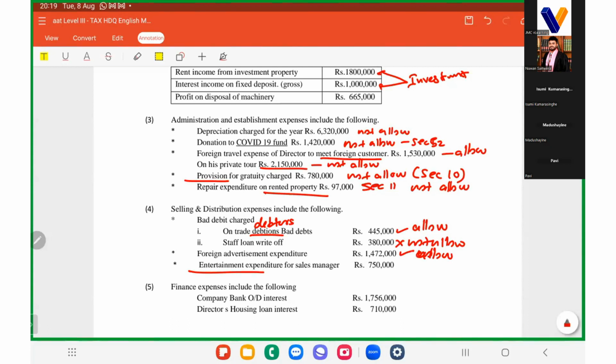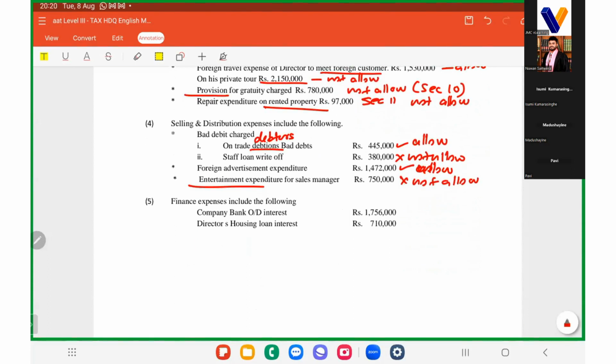The entertainment, once you see entertainment, that is not allowed. Why? Because section 10 directly gives that this is not allowed. Now the finance expense, when we discuss the finance expense, what are the relevant sections?